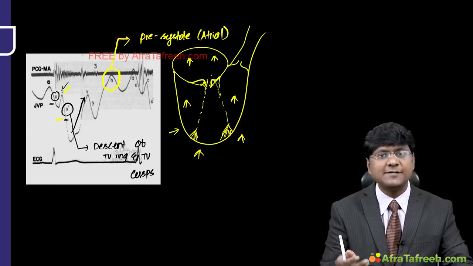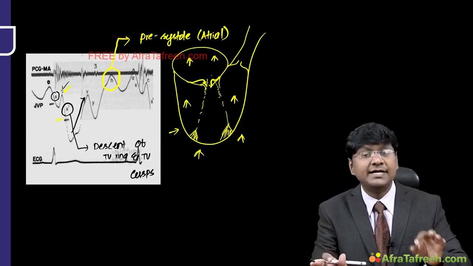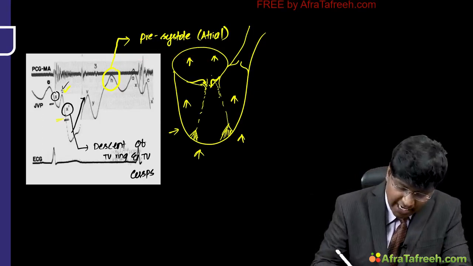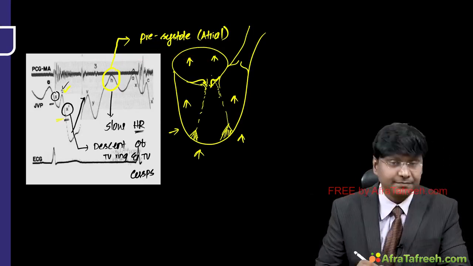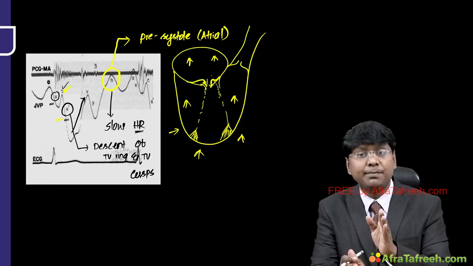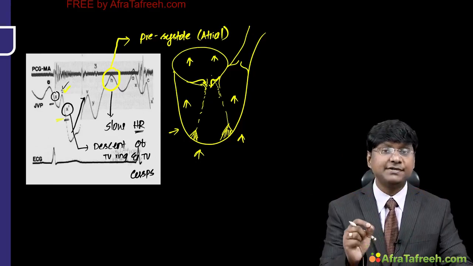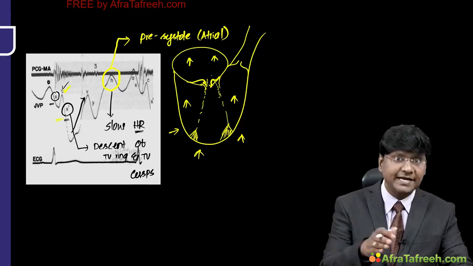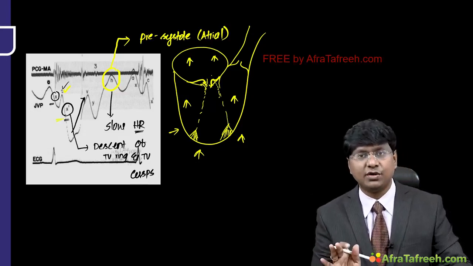Atrial contraction will cause the A wave, and just before the A wave you get this H wave. This H wave is usually seen during slow heart rate, when there is bradycardia. It occurs due to passive right heart filling during the diastole, just prior to the A wave. So this is about the individual waves of the JVP.